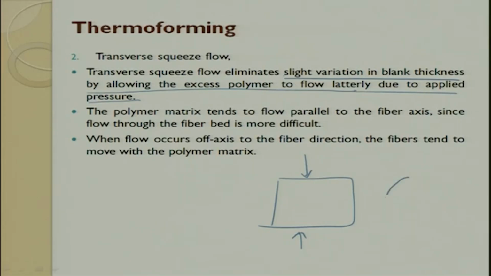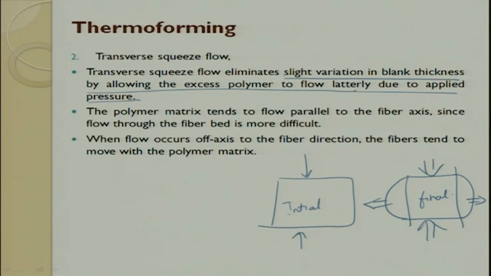What happens is it gets consolidated like this under compression force. What gets squeezed out is what we talk about in transverse squeeze flow. There is load applied here and here. So, this is initial and this is final.